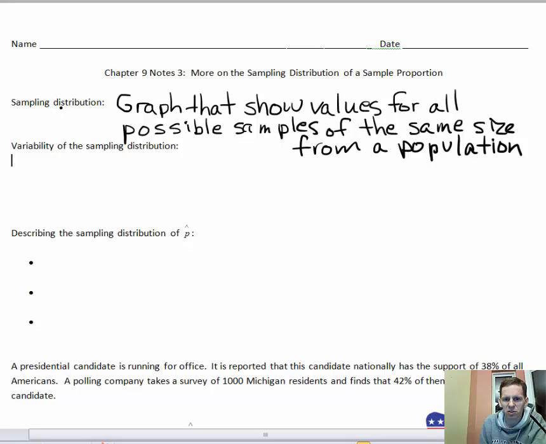Variability. Just like distribution is another way of saying graph, variability is another way of saying spread. And the variability, or the spread, of the yellow graphs is directly impacted by the sample size.